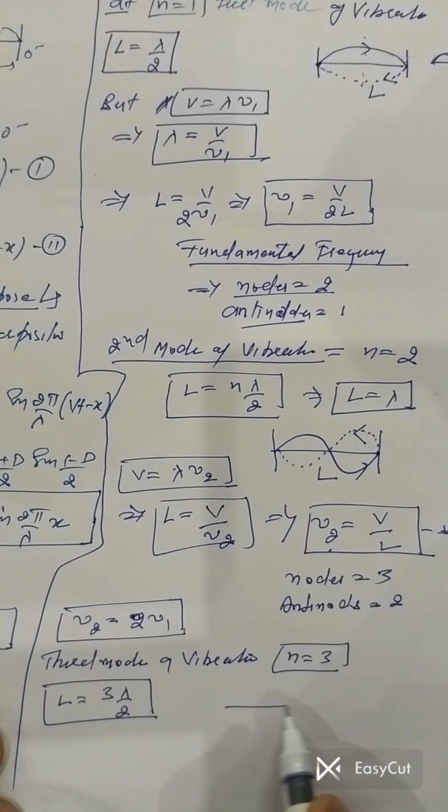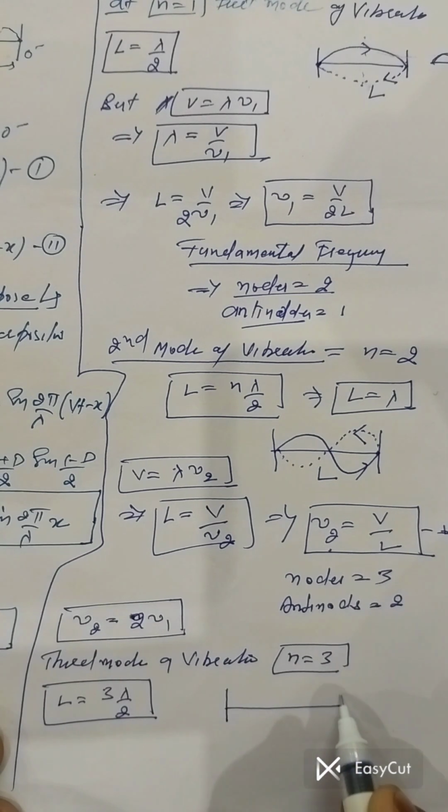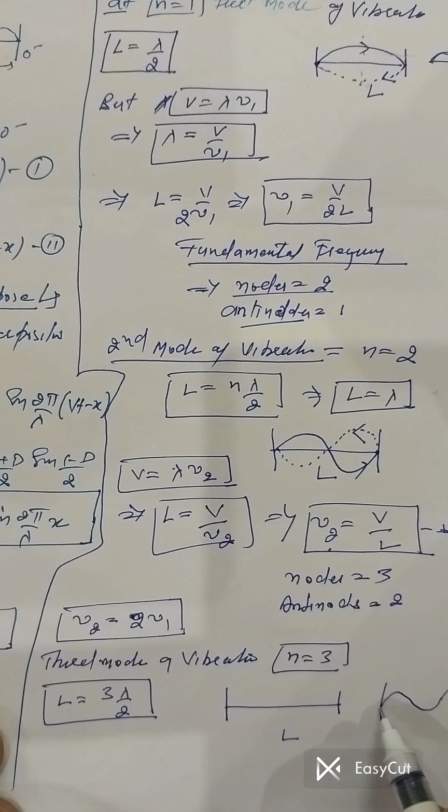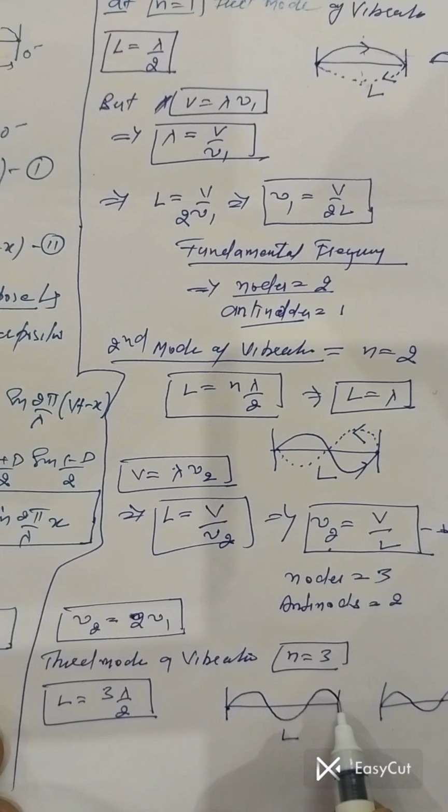Means I can write here, this is the string and this is the complete length. Now 1.5, what will be this? This is complete 1 and this is half, in this way. This will have 1.5 wavelength and this is after reflection.